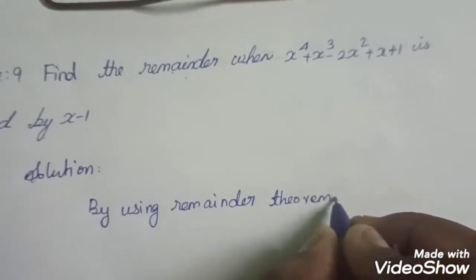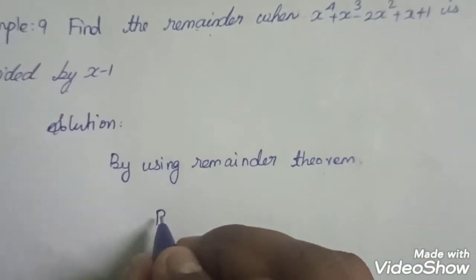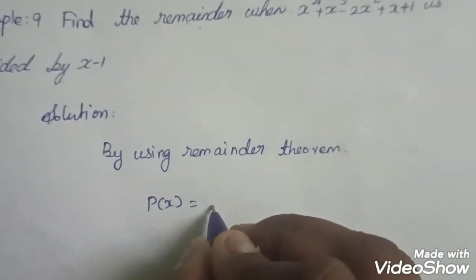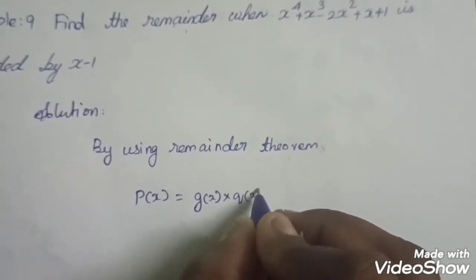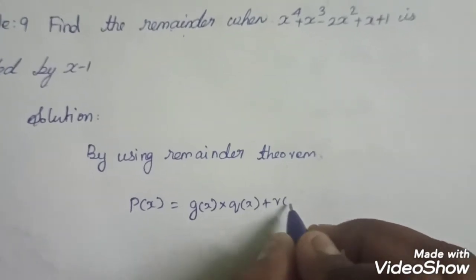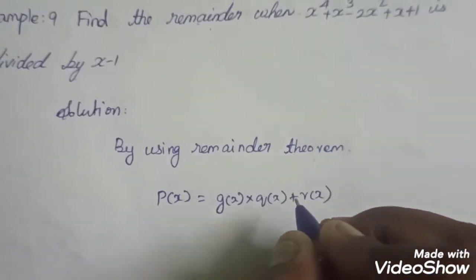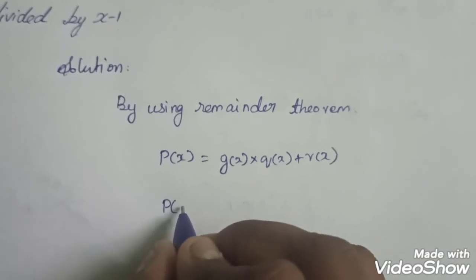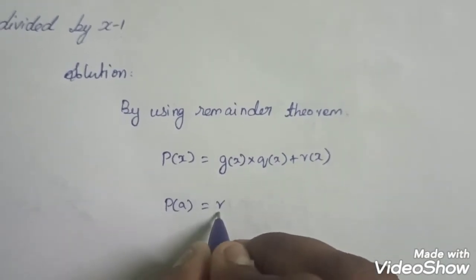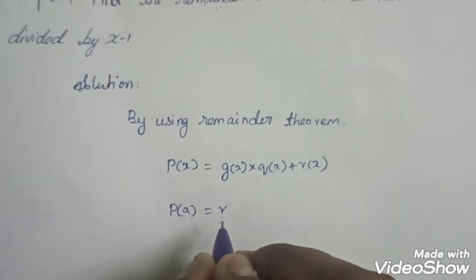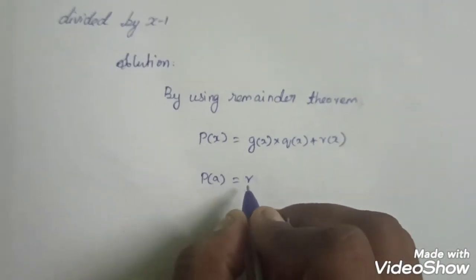What is the remainder theorem? That is P of X is equal to G of X into Q of X plus R of X. Here finally we get P of any constant a is equal to r. So this is the concept of the remainder theorem. So we have to use this one.